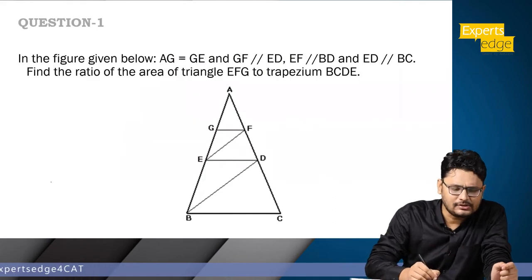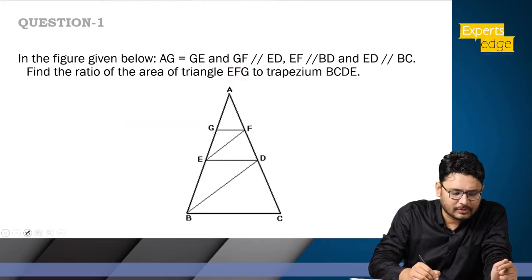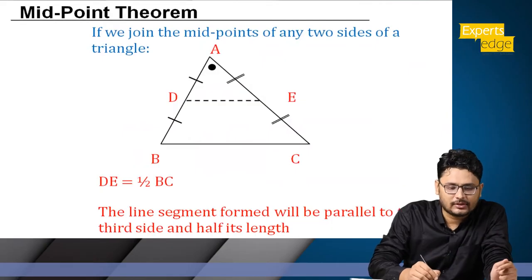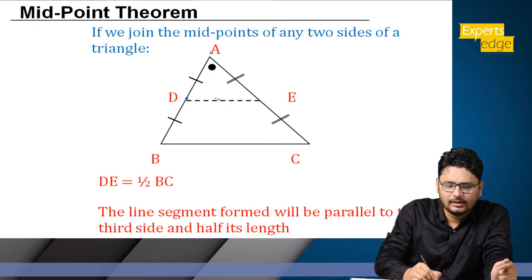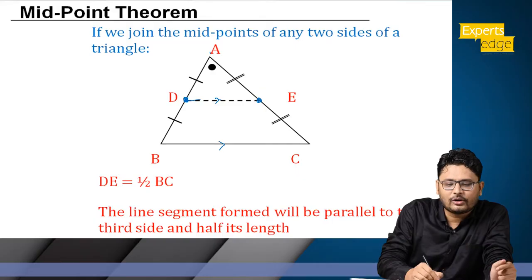Now, second thing. Okay, let's take a question first. So this is a question on the median, as well as there will be requirement of one property. I'll just quickly get through it. That property is midpoint theorem. What it says कि अगर ये triangle है, ठीक है, and if this is a parallel line, right, and if one line passes through the midpoint, it will also pass through the midpoint of the other line.